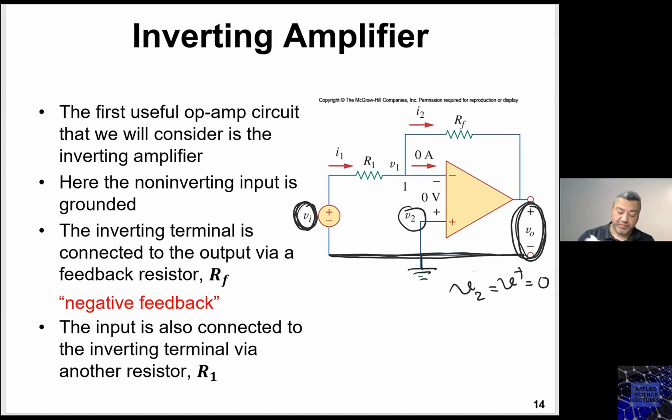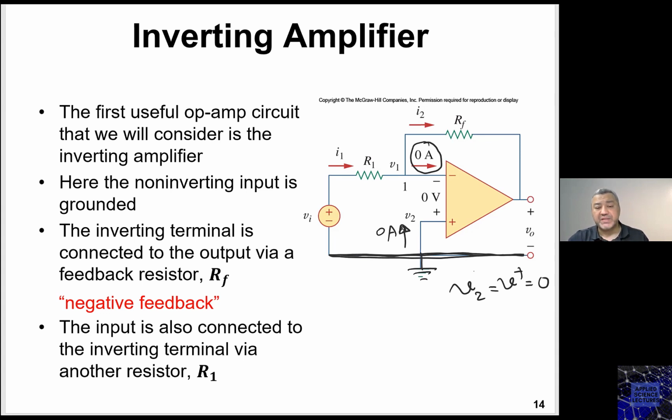Also, let's look at the two rules that we have talked about earlier. The first rule is the current withdrawn by the op-amp is 0. So notice that I have here 0 ampere going into the op-amp, and I also have 0 ampere going into the non-inverting input.